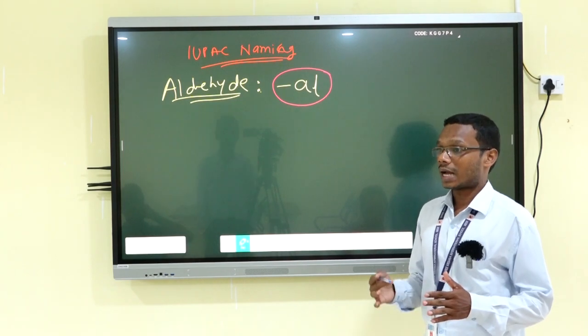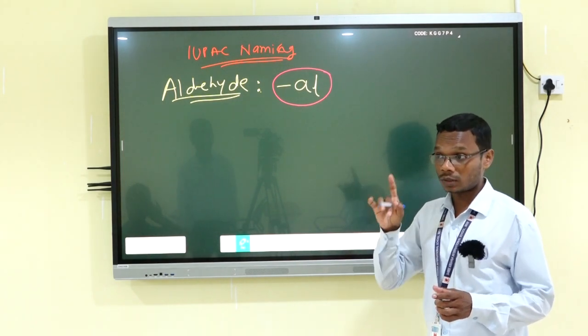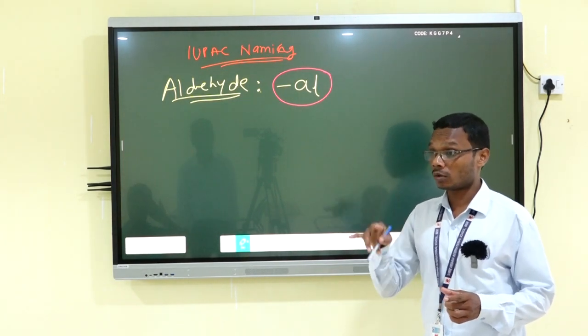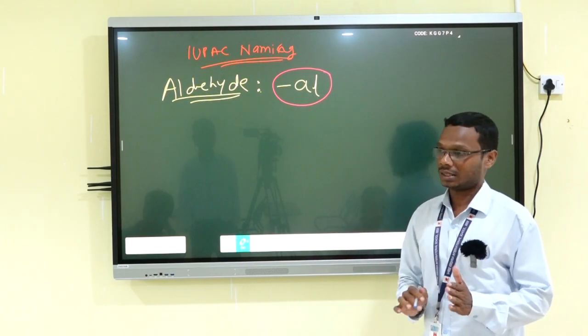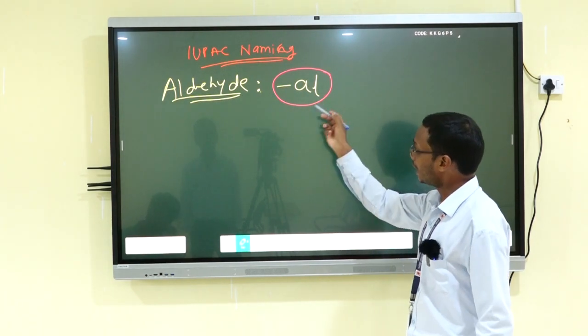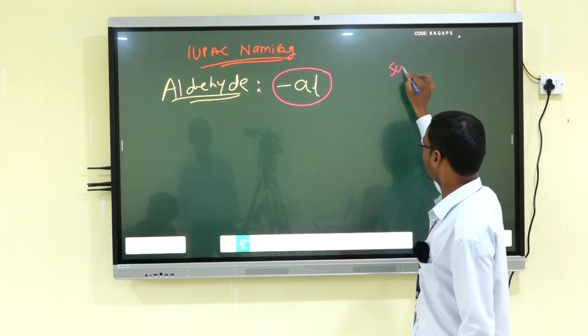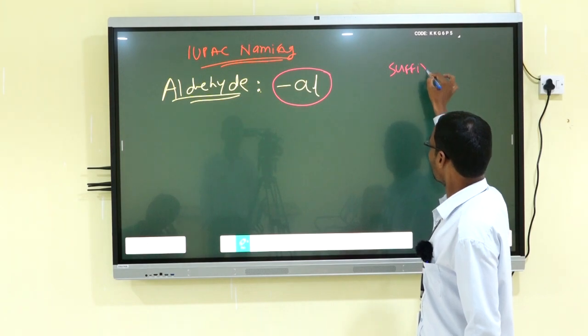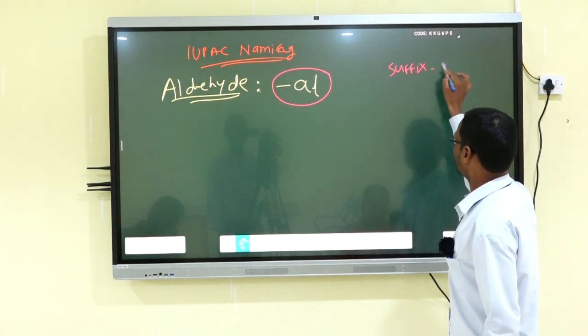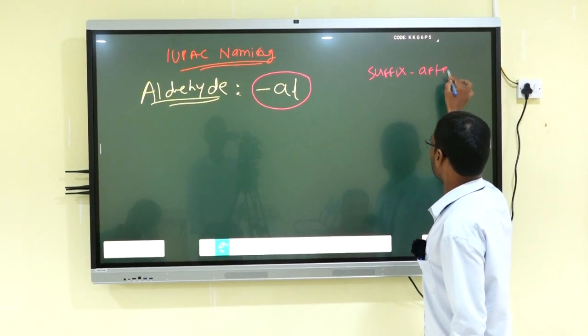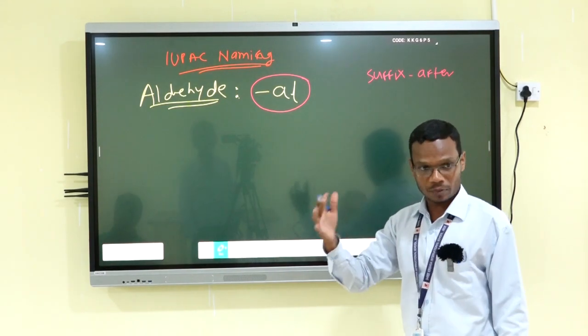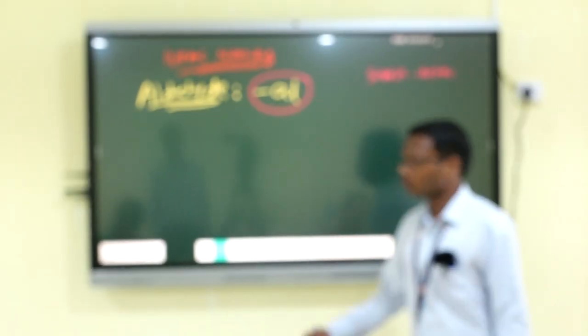Haloalkane, haloarene, halogen, chlorobutane, chloropentane, those are prefixes, and in aldehyde, -al is a suffix. Suffix means after the main carbon chain, that is but, pent, and after that comes the suffix.